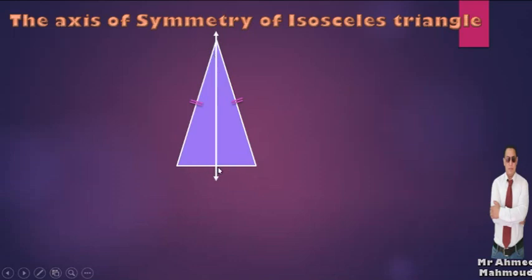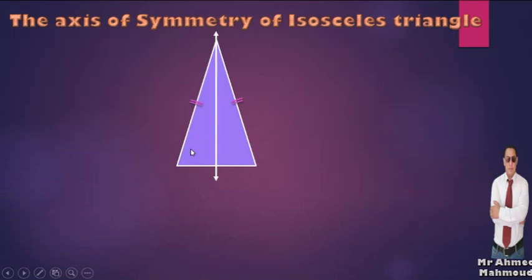Using the meaning of the axis of symmetry, it divides the isosceles triangle into two congruent triangles. Because those two triangles are congruent, this line equals this line, this angle equals this angle, and everything in the right triangle equals its corresponding part in the left triangle.